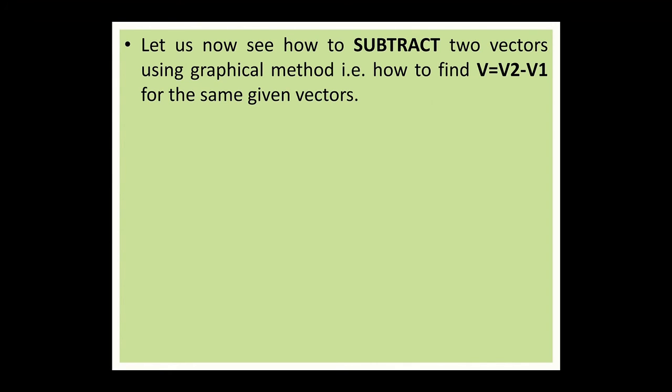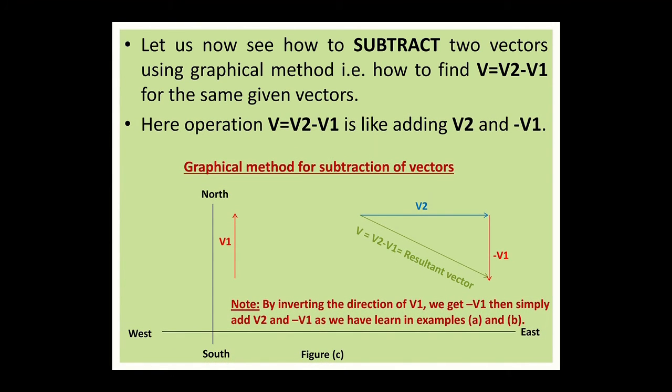The operation V is equal to V2 minus V1 is like adding V2 and minus V1, as we have discussed that the subtraction of two numbers or quantities is nothing but the addition of a positive and a negative.